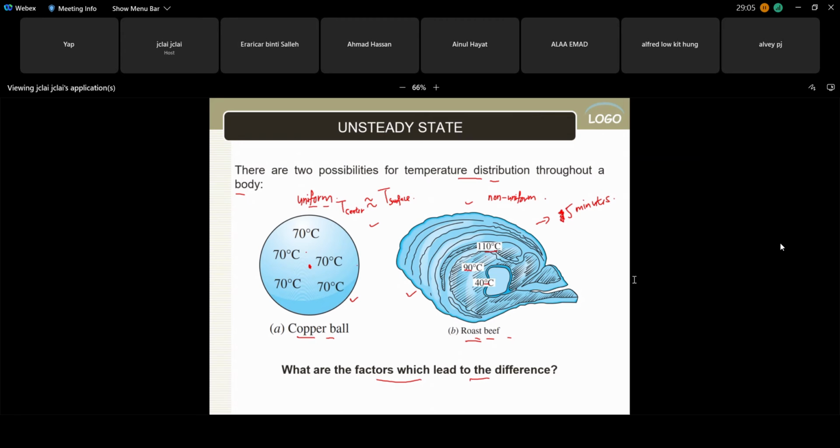Different heat capacity. Okay, CP, different CP. At different thickness. It could be, but CP affects how much heat you can contain.